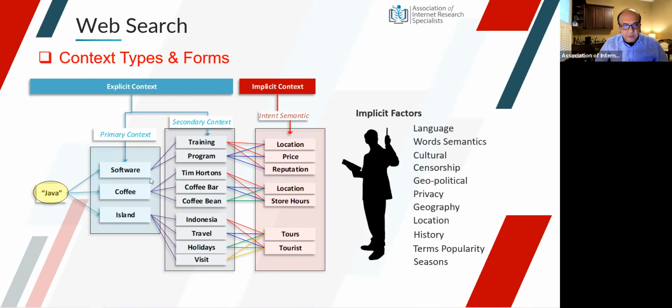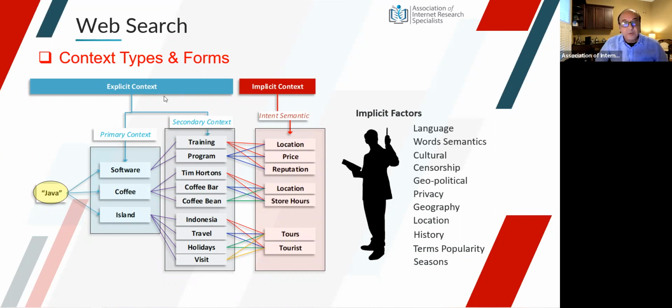These boxes are going to explain what explicit is, versus for the same search query, what could be the implicit context, that means added by the search engine. The box under implicit context right over here, we call it intent semantics. That is what the search is delivering or paying attention to as more localized or better user experience result. And this is the box under the heading implicit context.